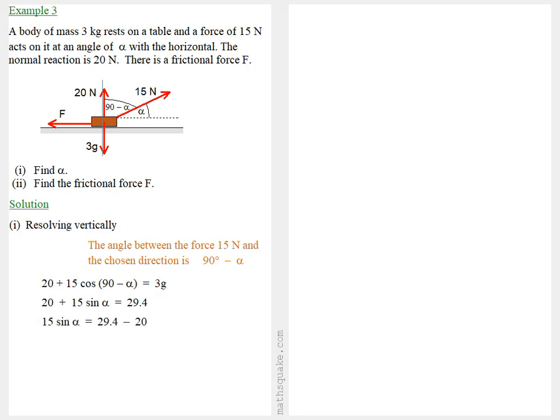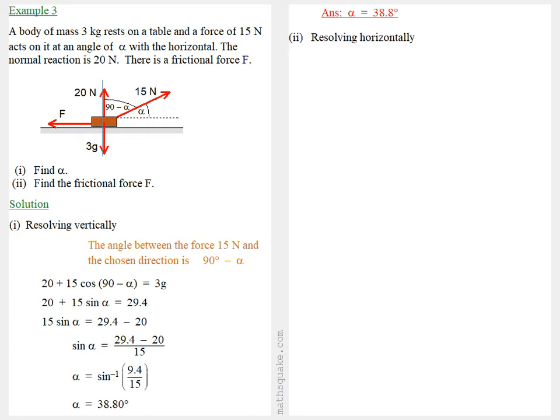So 15 sine alpha is 29.4 minus 20, or sine alpha is 29.4 minus 20 over 15, which means alpha is the inverse sine of 9.4 over 15, which when we type it in a calculator gives alpha is 38.80 degrees. So our answer is alpha is 38.8 degrees.